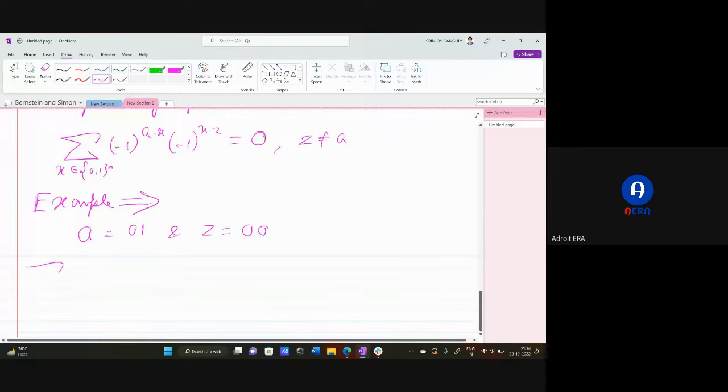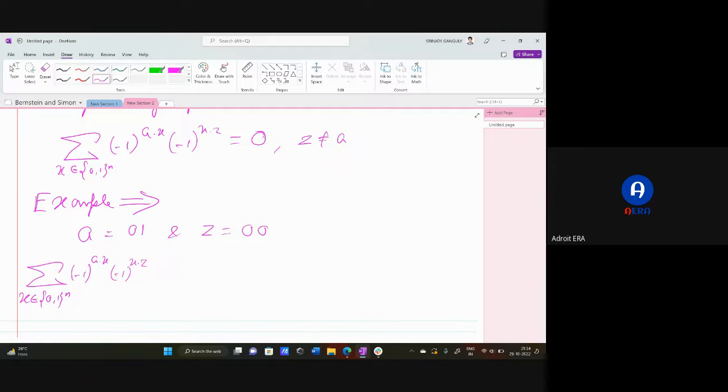Summation over x belonging to 0 1 to the n of minus 1 to the a dot x and then minus 1 to the x dot z, which is equal to, and then start calculating, like 0 dot 0. Basically just start taking the product. 0 0 will go with 0 0.